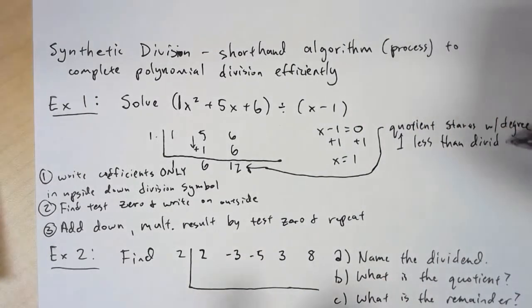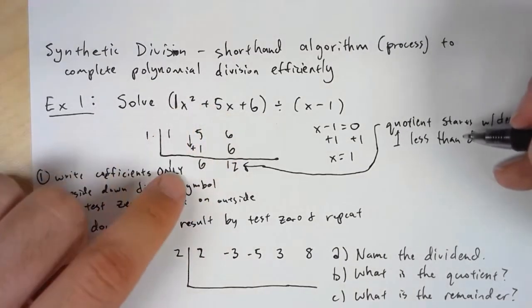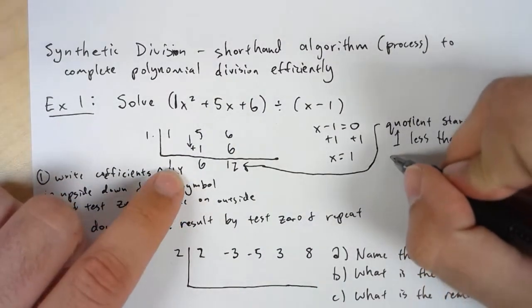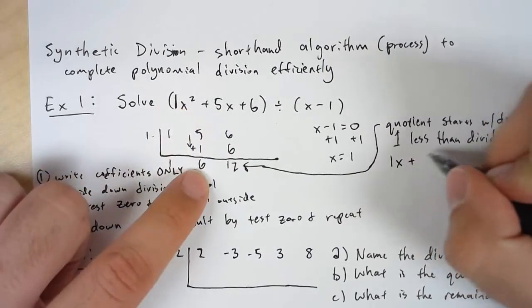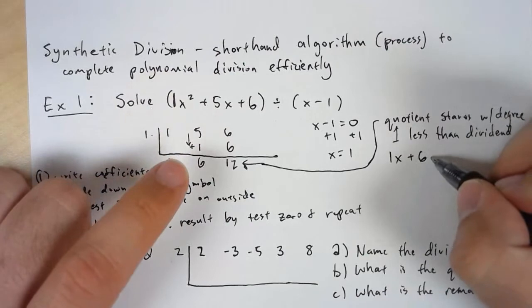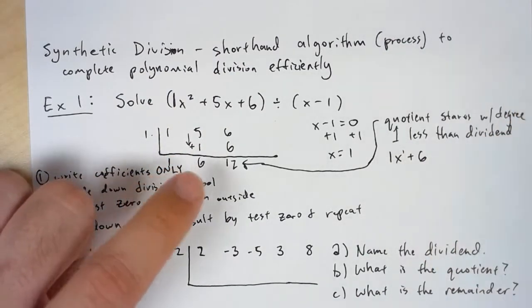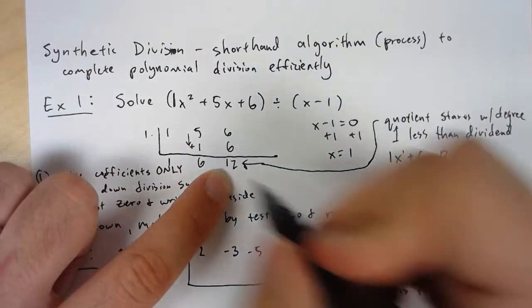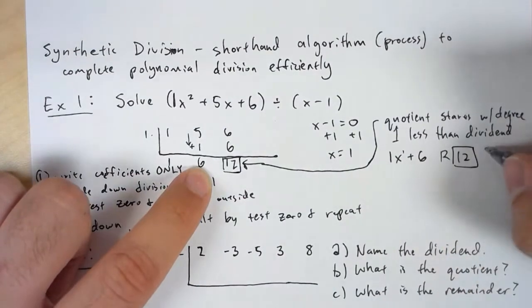So that means we have an answer which is 1x, not x squared, and then plus a positive 6, because 6 has no x's. And our last number here is always the remainder.